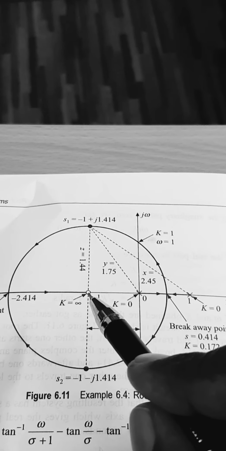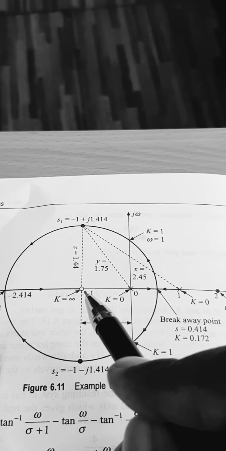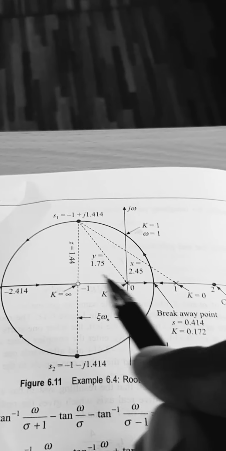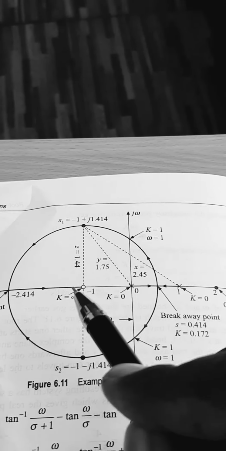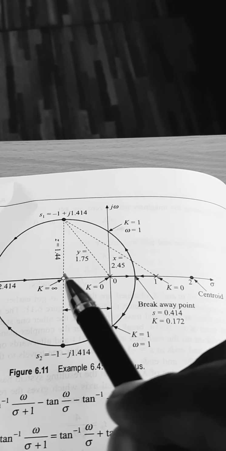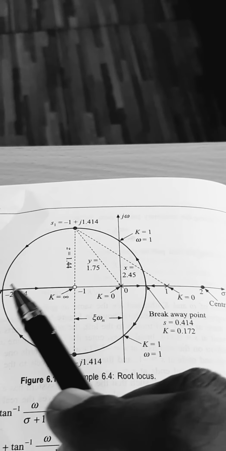Now when you are considering the segment before this zero, you should remember that the number of poles plus zeros on the real axis to the right of this segment, that is 1, 2, 3, is an odd number.